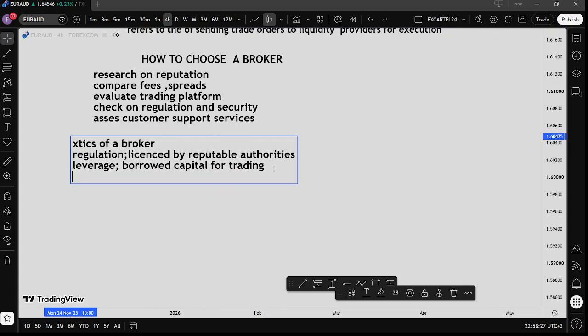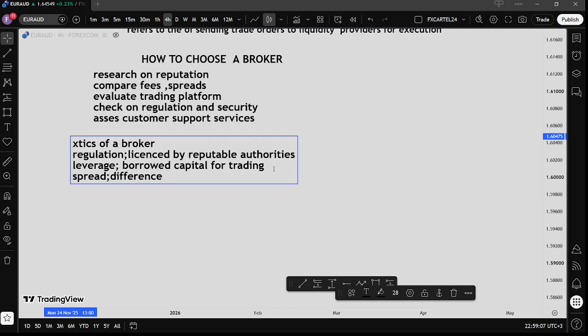What else? Let's look at the spread. Did you remember what I talked about spread? The distance, or difference.